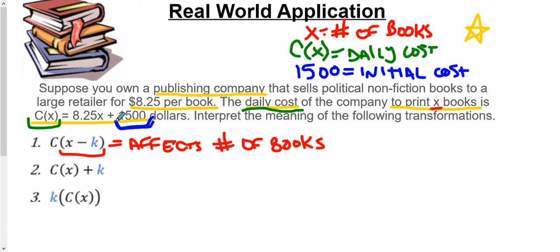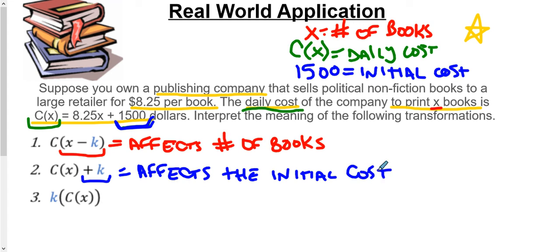And it's either going to increase it, or if it's negative, it's going to decrease it, and it's going to change that 1,500 in some way. So what that means is that if we have this plus K at the end of this particular equation, this affects, what did we call that? We called that the initial cost.